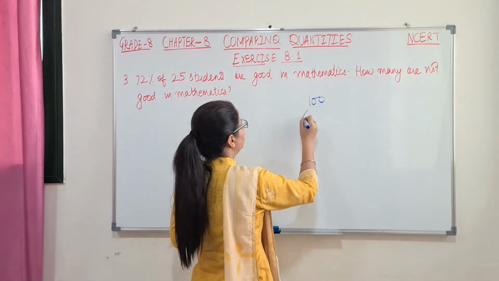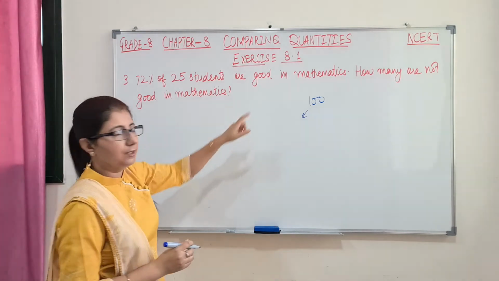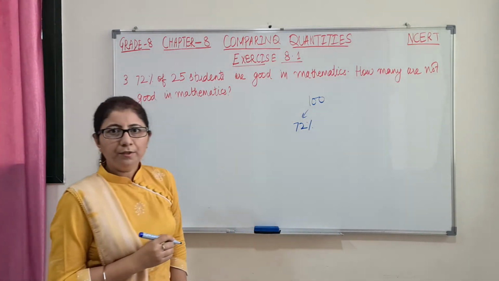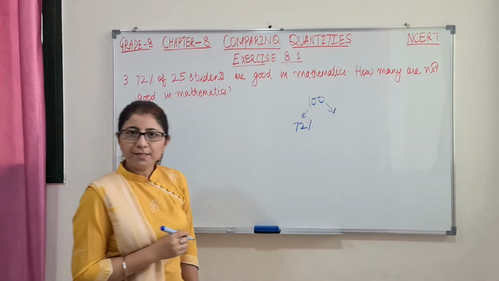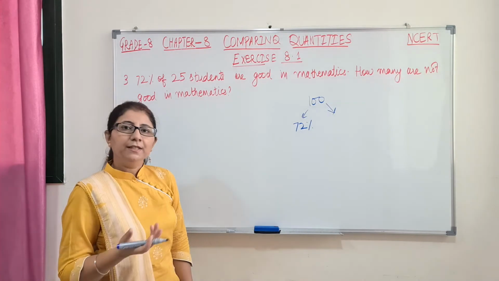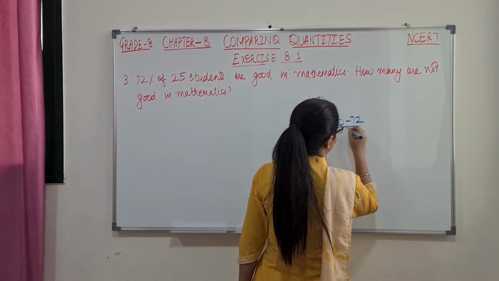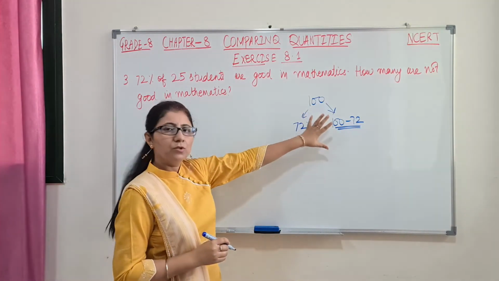So out of 100, it is given that 72% are good in mathematics. So if 72% are already good in mathematics, what percentage of them will not be good? That is simply 100 minus 72. Right? Because overall it should make 100%. So this is our answer.